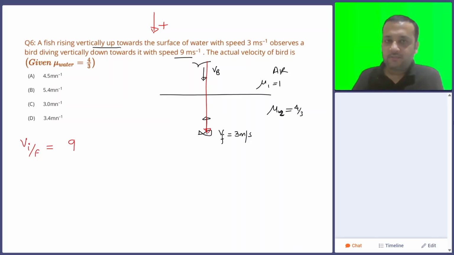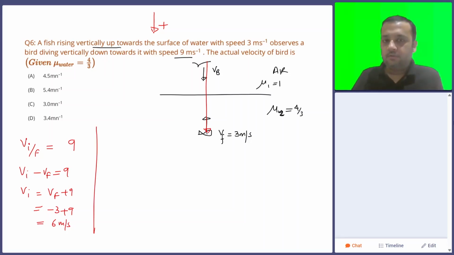That means the velocity of the image with respect to the fish is 9. This will be velocity of image minus velocity of fish, which is 9, which means that velocity of image is velocity of fish plus 9. Now notice that the velocity of the fish is -3 because we have chosen downward as positive. So here you will put -3. So that means this becomes 6. What does this mean? That the velocity of the image of the bird is actually 6 in the downward direction.